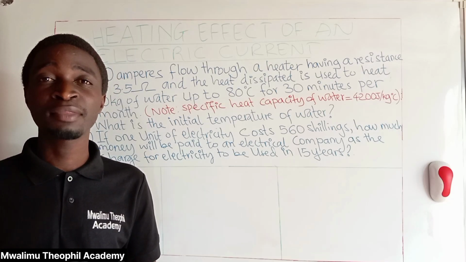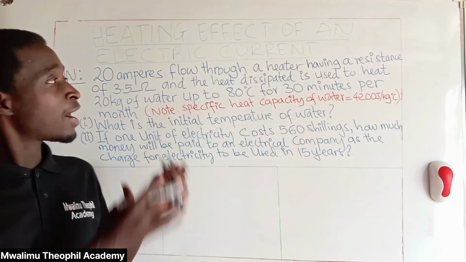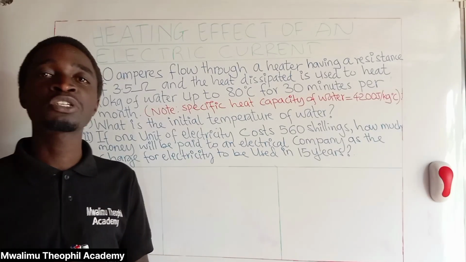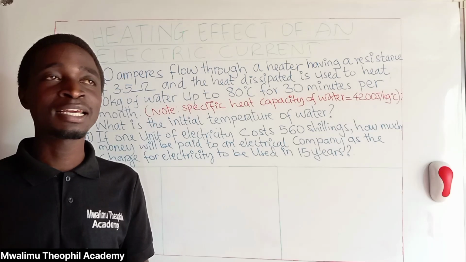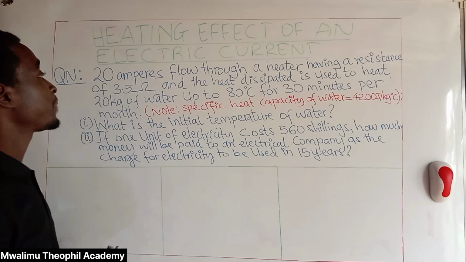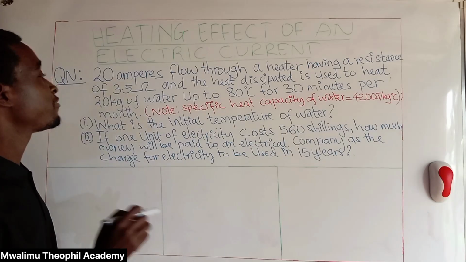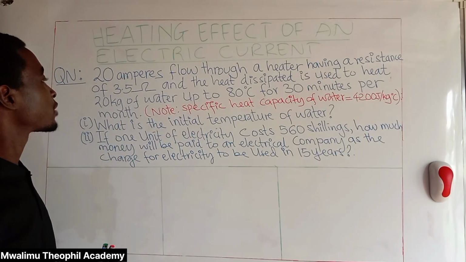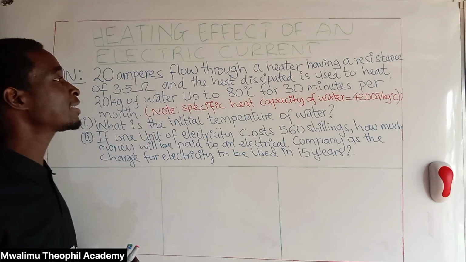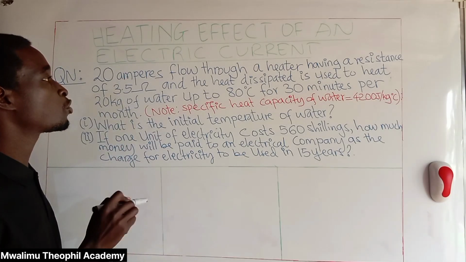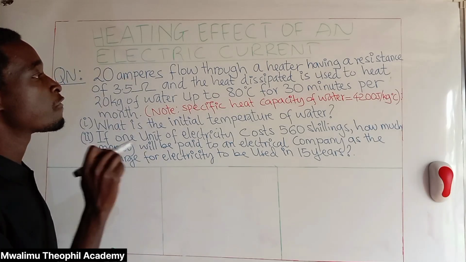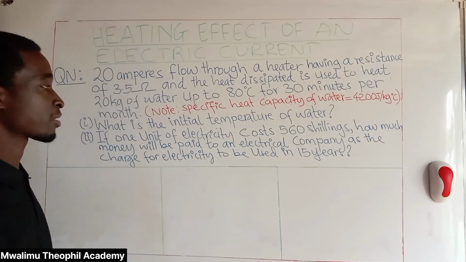Now, we have a problem here which is concerned with the heating effect of an electric current. It states that 20 amperes flow through a heater having a resistance of 3.5 ohm, and the heat dissipated is used to heat 20 kilograms of water up to 80 degrees Celsius for 30 minutes per month.